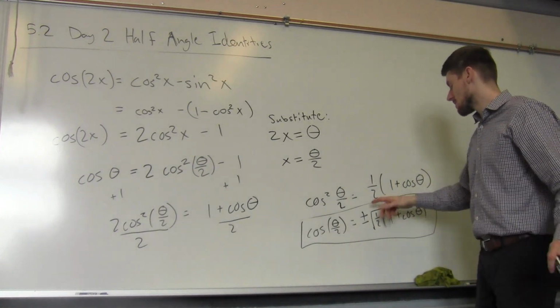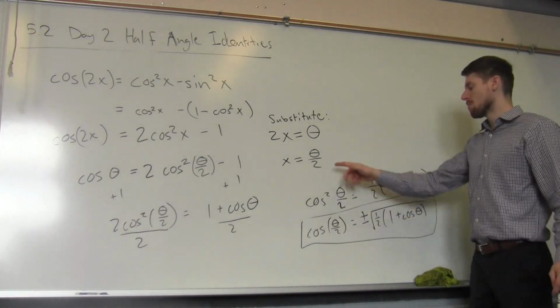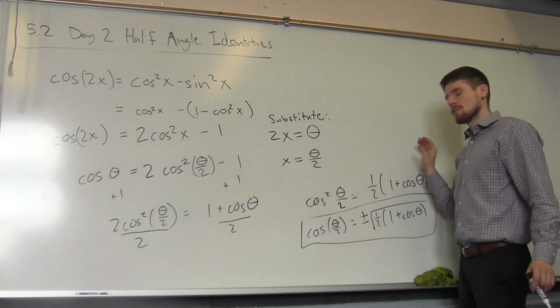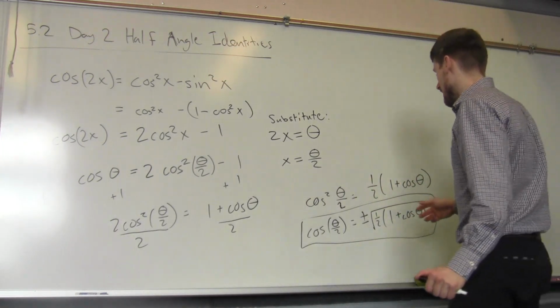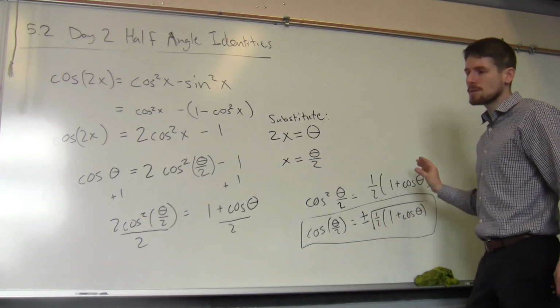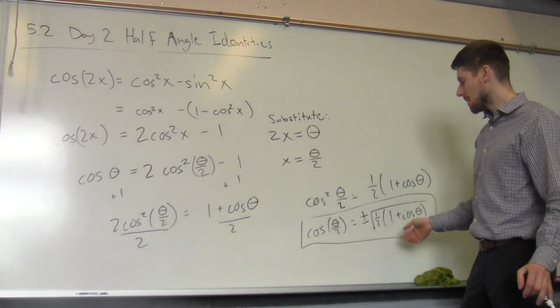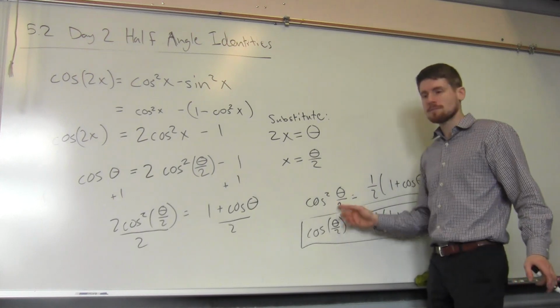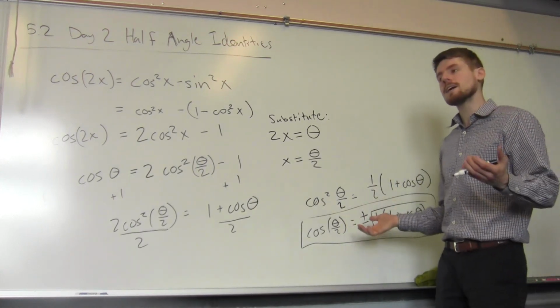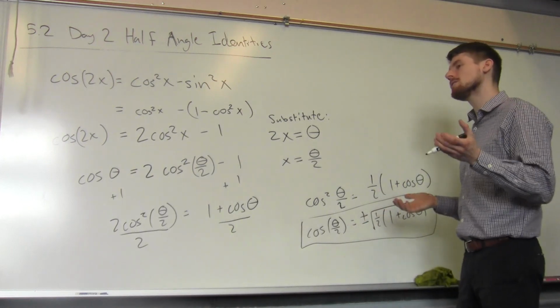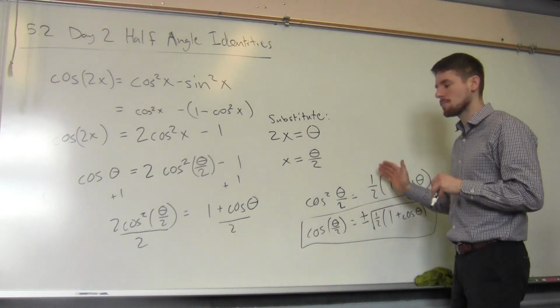Now, you might ask this question, why is there this plus or minus? Well, when we took the square root, we get 2 possible answers, a positive answer and a negative answer. And the square root itself can only be positive, but we know some half angles where the cosine should be negative. And so we wouldn't get those answers if we didn't include this plus or minus.